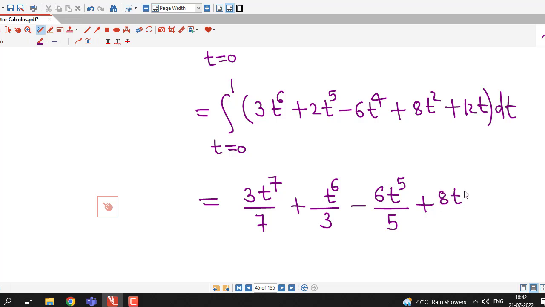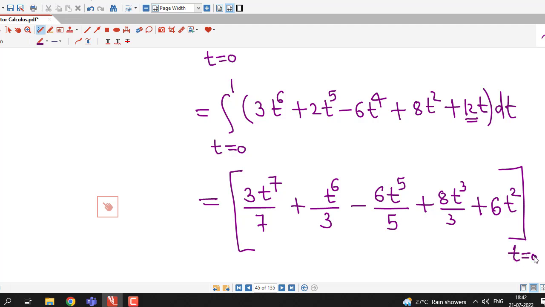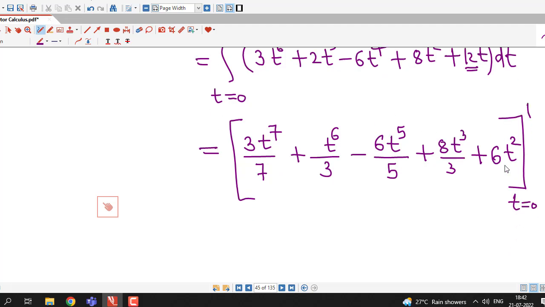8 as it is. Integral of t square is t cube by 3, so 8t cube by 3, plus 12 times t square by 2, and 2 will cancel out with this 12. So we have t square by 2, 12 by 2 is 6, and limits of t are from t equal to 0 to t equal to 1.